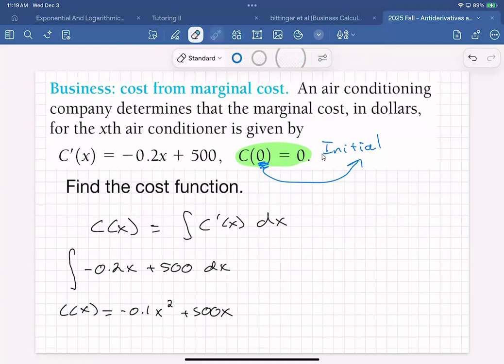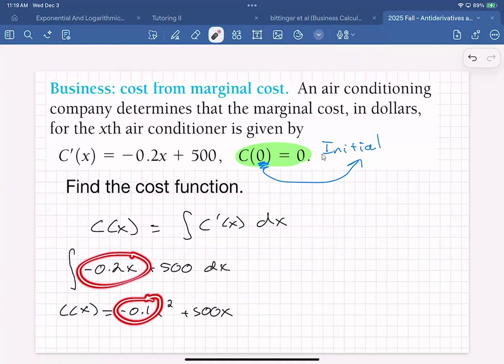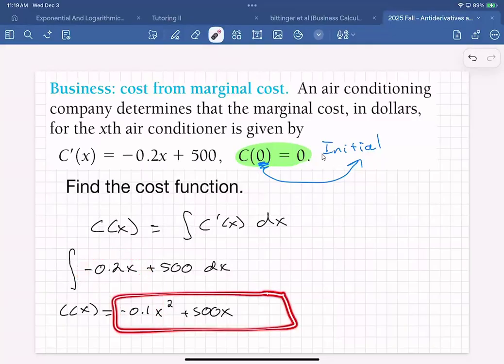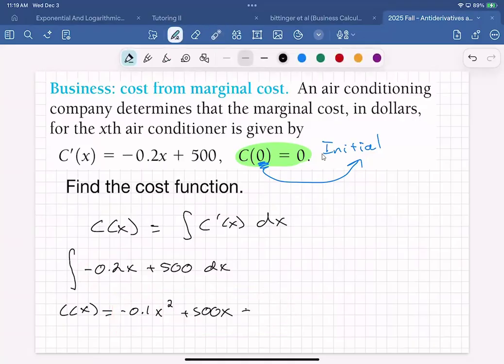When I write this here, remember we divided that by 2, so that's why I dropped it down, just like that first problem we did. What do I need to have here when I do the antiderivative? The constant term. Now, technically here, you'd get away with it if you forgot, to be honest with you. But in your work, it's better to put it until you can show why you don't need it.